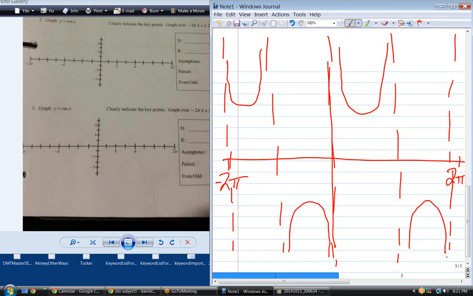Domain? Hold on just 1 second. Domain is all reals except multiples of pi. Okay. Range? Y is less than or equal to -1, and y is greater than or equal to 1.